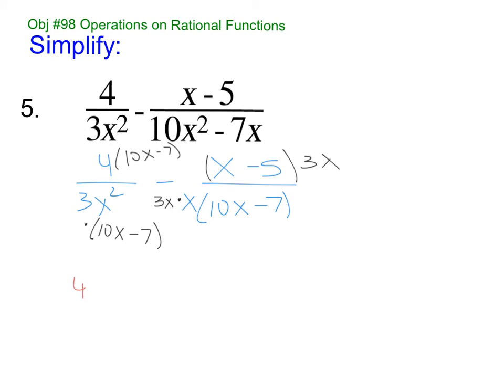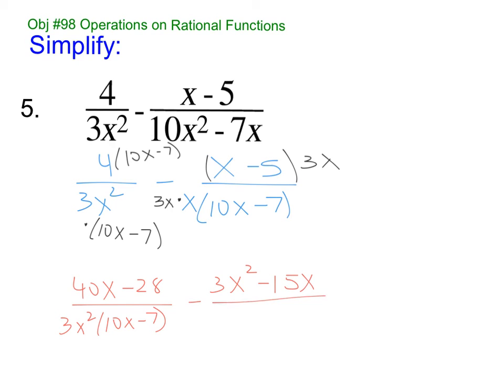So that gives me 40x minus 28 over 3x squared times 10x minus 7 minus 3x squared minus 15x. All right, so then I'm going to go through, I'm going to make that a plus, and then that becomes minus, that becomes plus.